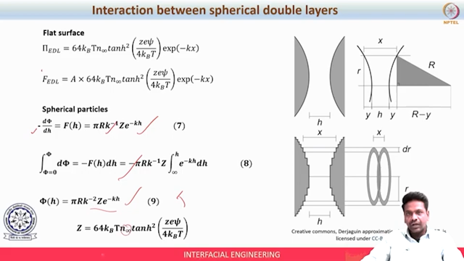This one is number of molecules per meter cube. So, ultimately you will have joule per meter cube here, and multiplied by k inverse. So, k minus 2 is actually meter squared, and you also have r, which is meter.